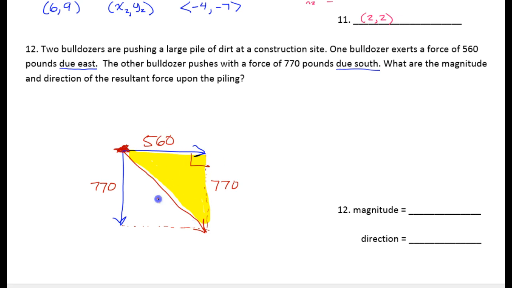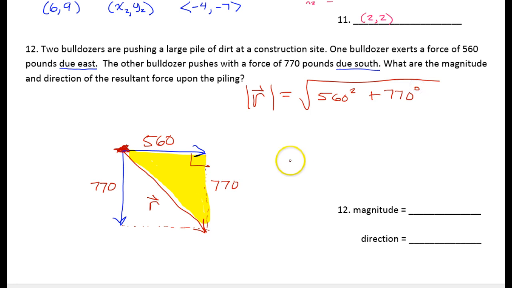So the magnitude of the resultant, and I will call this vector r for resultant, the magnitude of vector r would be written this way. It's just going to be found using the magnitude formula. So we just take the horizontal and vertical components and take the square root. So it's going to be the square root of 560 squared plus 770 squared.